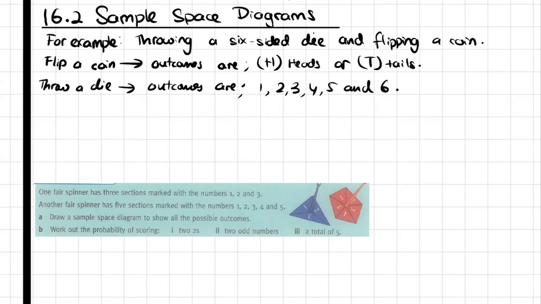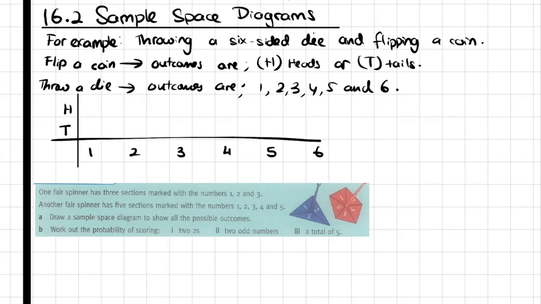So if I want to know how many possibilities there are when I do both together, I can use a sample space diagram by writing heads here, tails here, 1, 2, 3, 4, 5, and 6. So I write the outcome of one event on this side and then another event on the bottom side. So I can see what will happen.